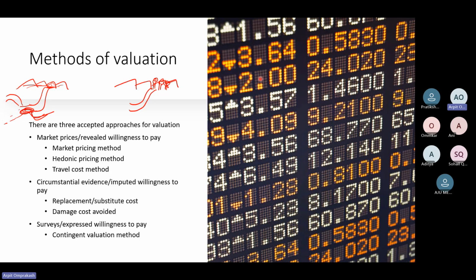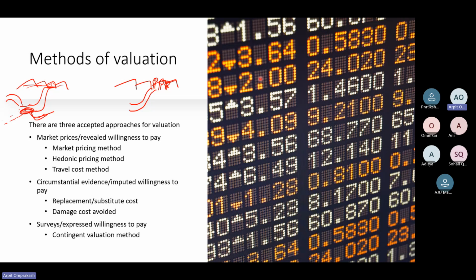Right. And there are three accepted approaches to evaluation. The first is market prices or revealed willingness to pay, where they see how much people are spending to go to, let's say, Ghana National Park. How much money people are spending. So maybe that national park is worth at least that much.